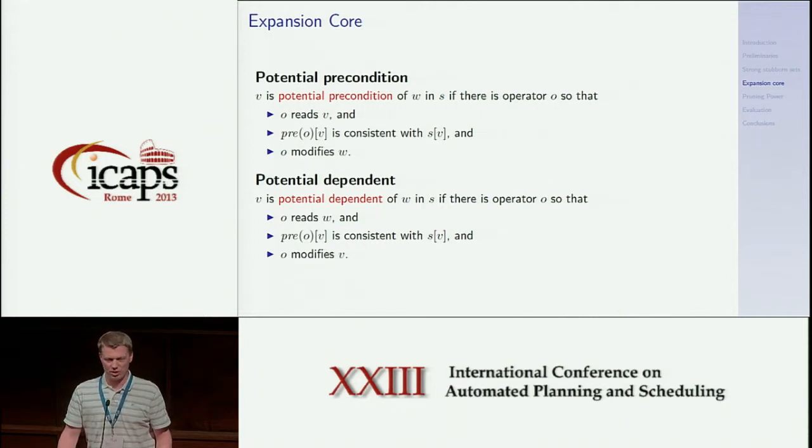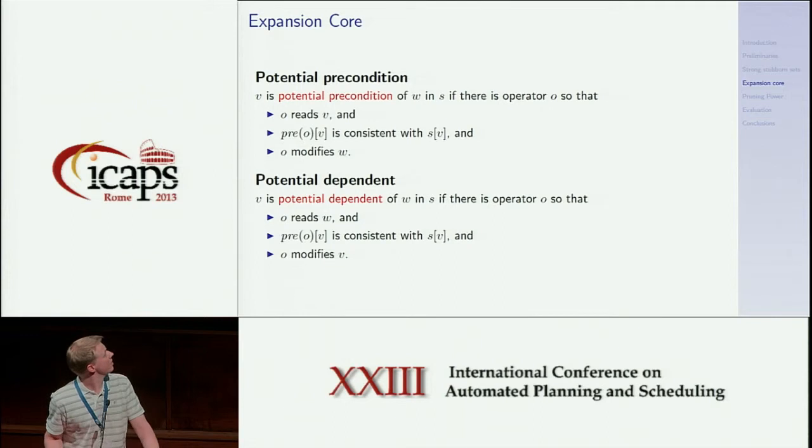And similarly, potential dependence. Variable v is potentially dependent of variable w if there exists an operator such that the operator reads the variable w, modifies the variable v, and again the precondition must be consistent with the current value in the current state.